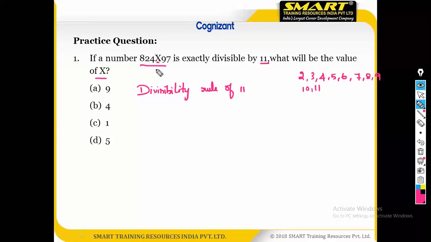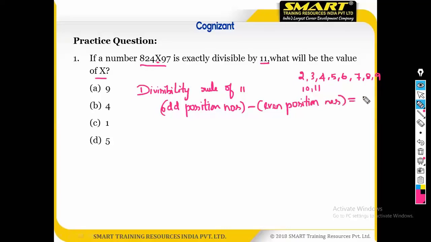You have to sum up the odd position numbers and the even position numbers, then find the difference between them: odd position numbers minus even position numbers.